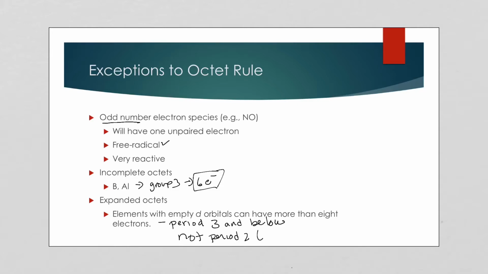For example, carbon, nitrogen, oxygen, right? They will not expand their octet. Okay, so we're going to get into each of these, but let's just start by looking at NO.